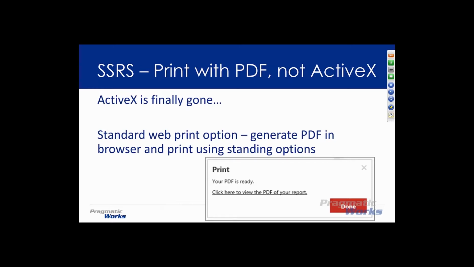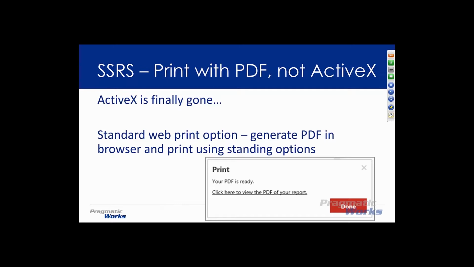With ActiveX finally gone, we're going to get a standard print option. It really helps us, from the web platform, to say, hey, I want to print this. It's going to do what every other system does on the web platform side. It's going to create a PDF in the browser and print it using standard options. Sorry about that.